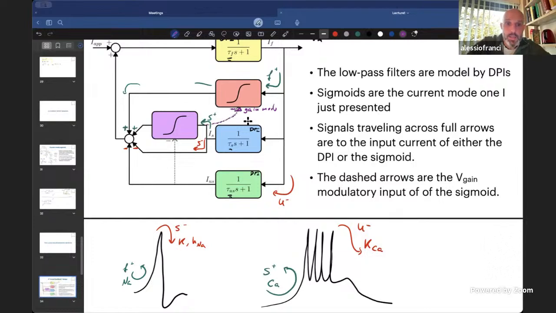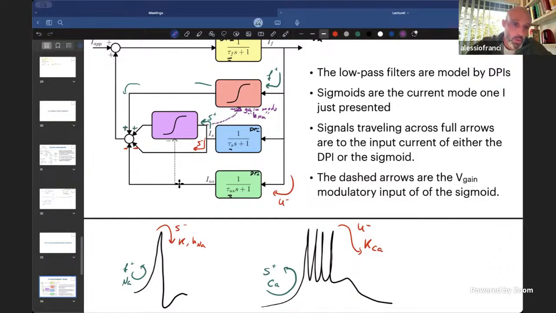What this does is essentially mimic the inactivation of the sodium current. Each time the slow variable goes up, it provides slow positive feedback, but it also ends the spike. So it tweaks down the gain of the fast positive feedback in such a way that instead of having a fat spike, you have a very narrow spike like in actual neurons.